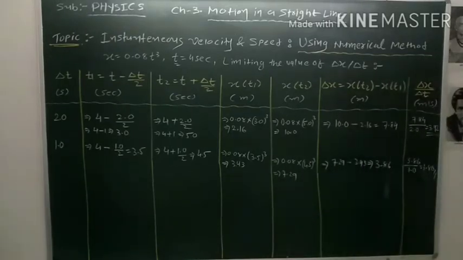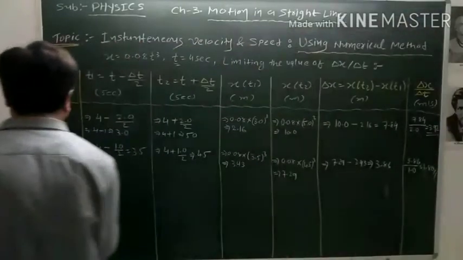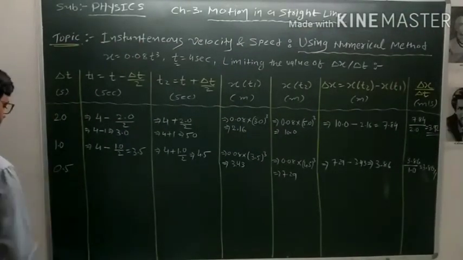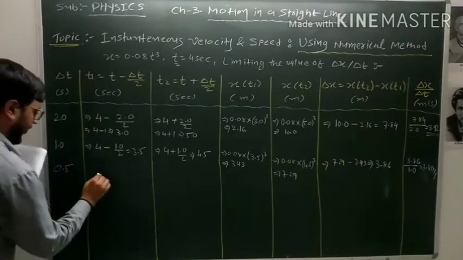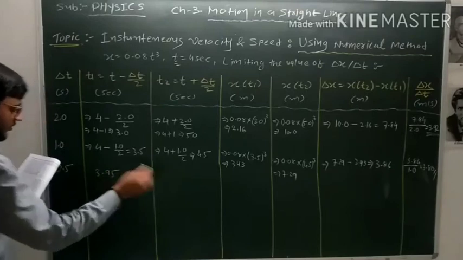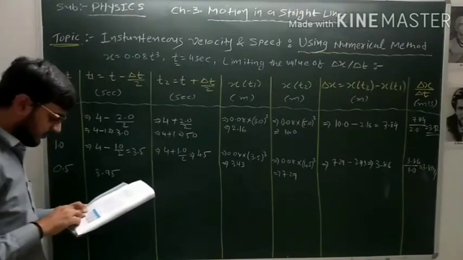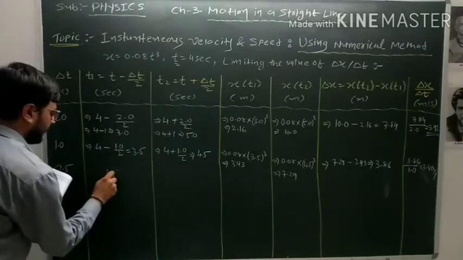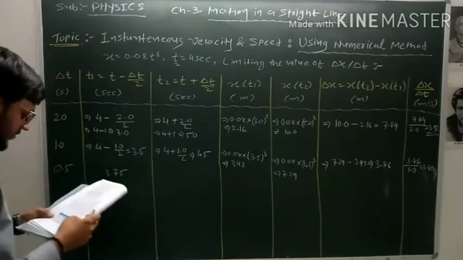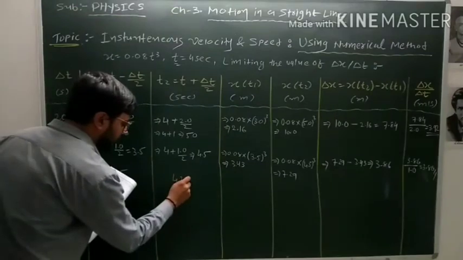Similarly, we can do this for 0.5. For t1 we find 3.75, as given in your textbook. Here t2 is 4.25.